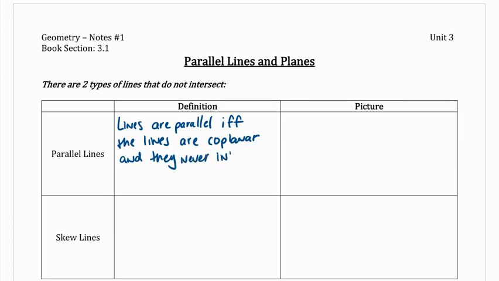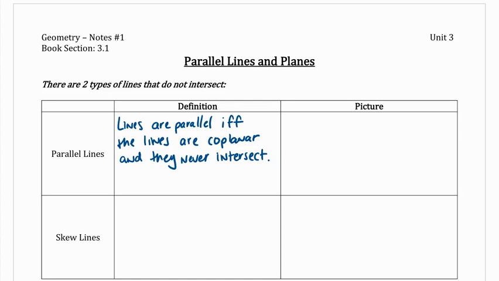So the kind of new part for our geometry definition is that coplanar part, right? We've always known that parallel lines are ones that don't intersect, but now we're going to say that they are coplanar lines that never intersect, meaning they lie in the same plane.